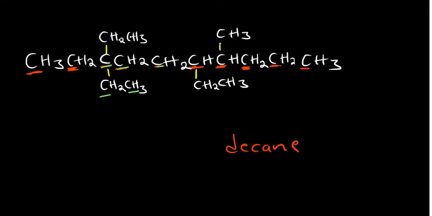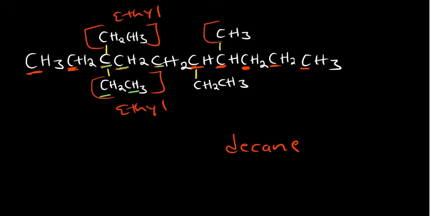So I'll consider the horizontal one for simplicity's sake. If you consider the horizontal one, this is ethyl because it is adding 2 carbons. So is this one ethyl, and then the one with a single carbon is methyl, and then we still have another ethyl again.